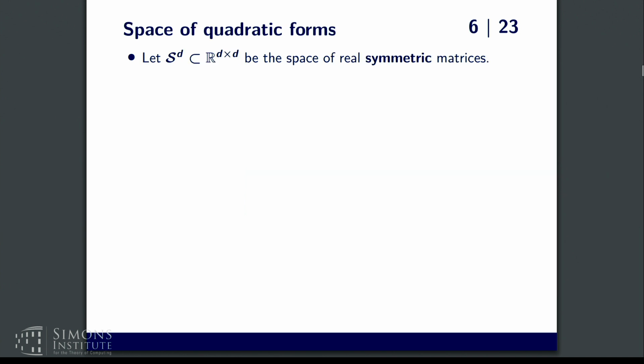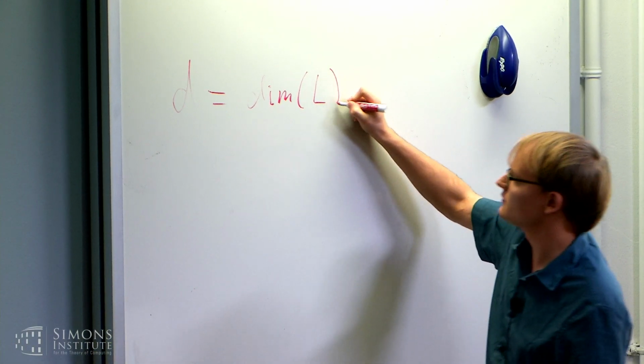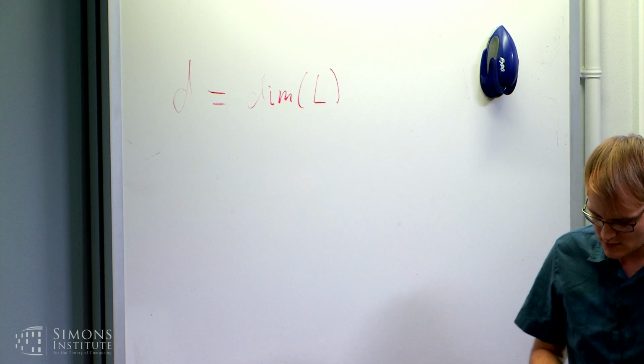Okay. Now we get to the real definitions. So the space we're working in is the space of real symmetric matrices. D will always be the dimension of these lattices, or of lattice packings.